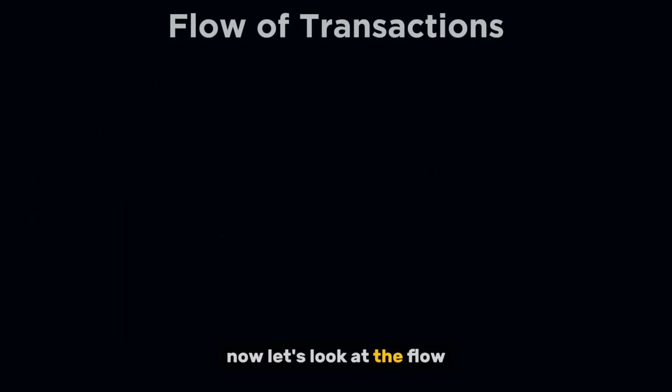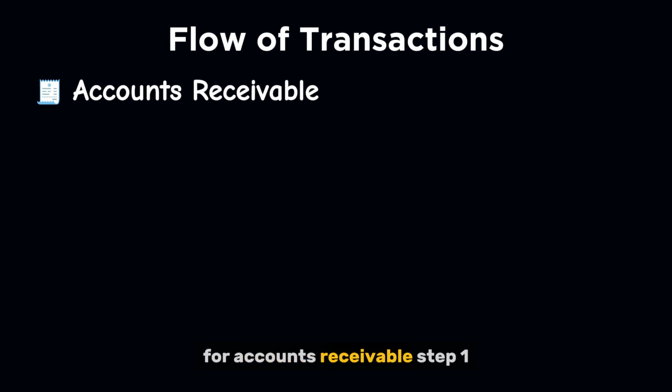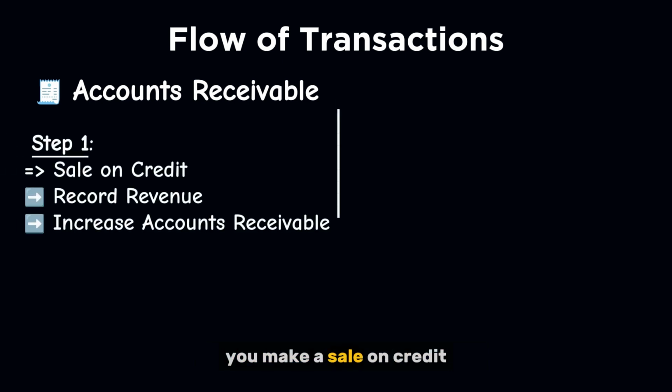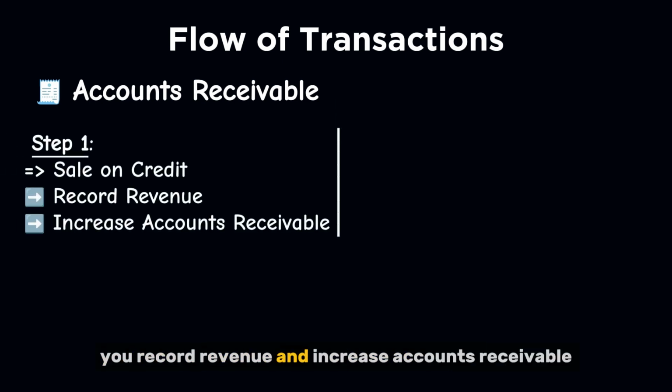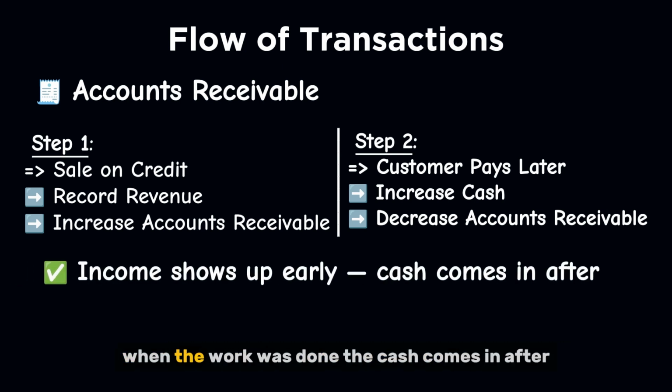Now let's look at the flow, how these transactions move from start to finish. For accounts receivable, step 1, you make a sale on credit, you record revenue and increase accounts receivable. Step 2, later, the customer pays, you increase cash and reduce the receivable. So, the income was recorded earlier when the work was done. The cash comes in after.